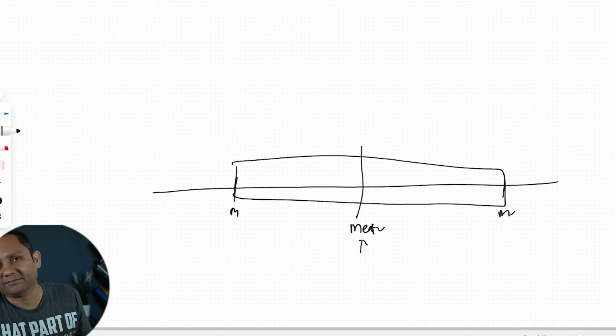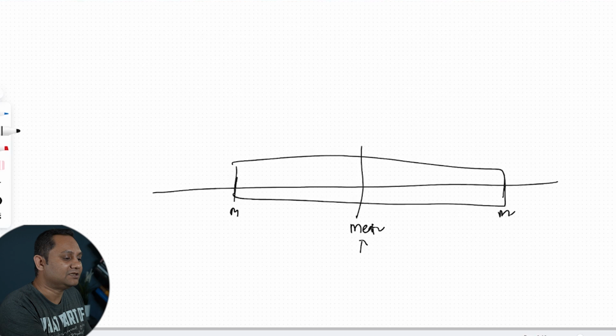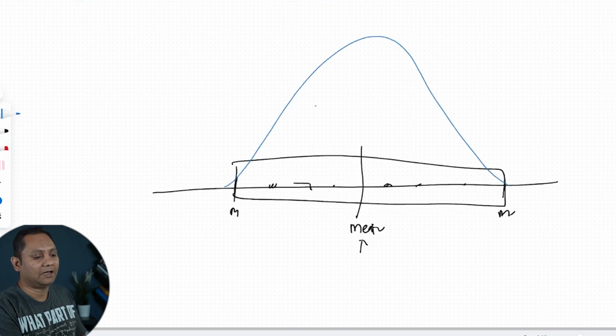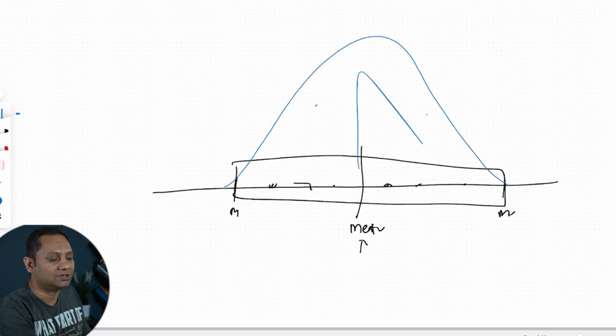But what am I missing? Actually, I'm missing the variation. How is the data varying? Are the data points very close to the mean, or are they far away from it? So what I'm missing is how my data is spread around the mean, and this is called variation.